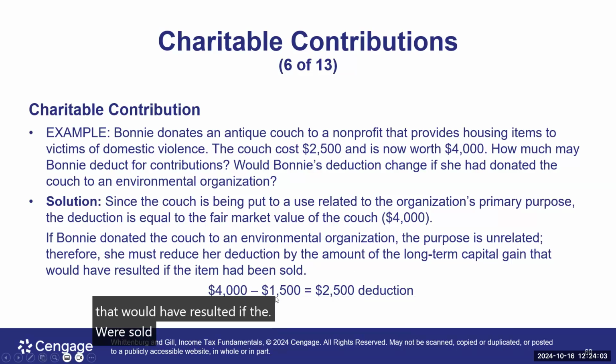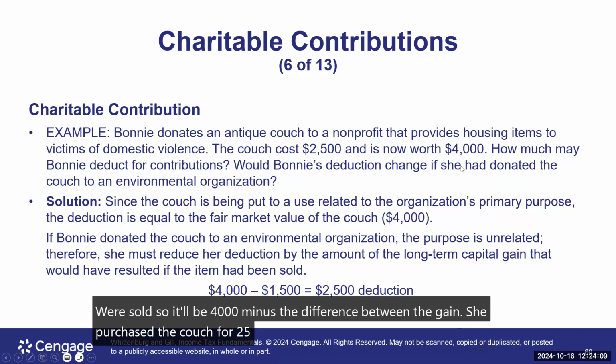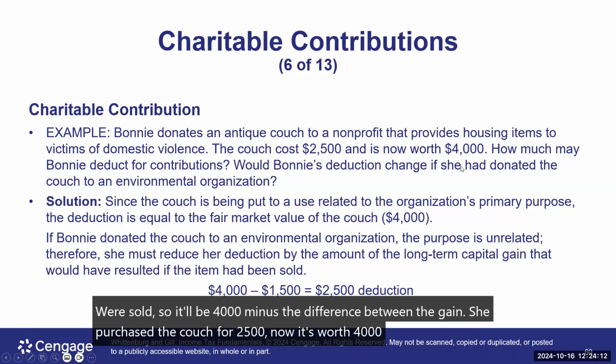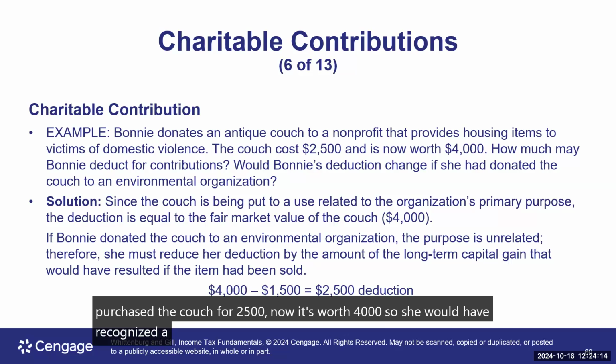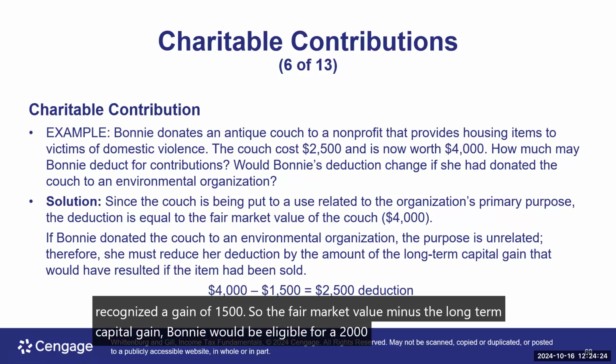So it'll be 4,000 minus the gain. She purchased the couch for 2,500. Now it's worth 4,000. So she would have recognized a gain of 1,500.